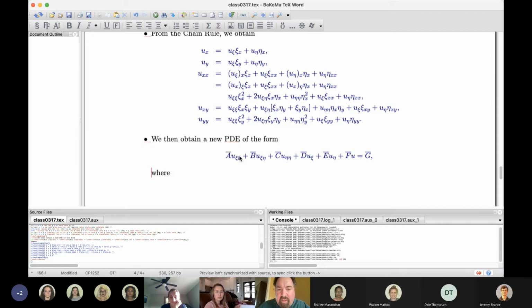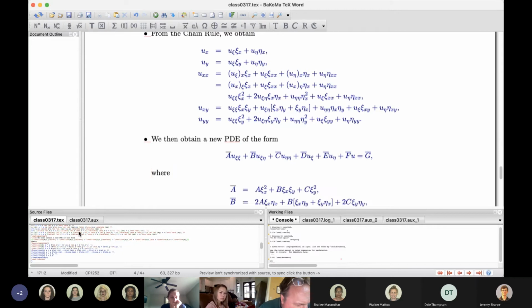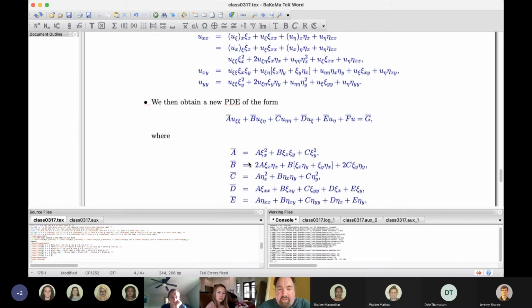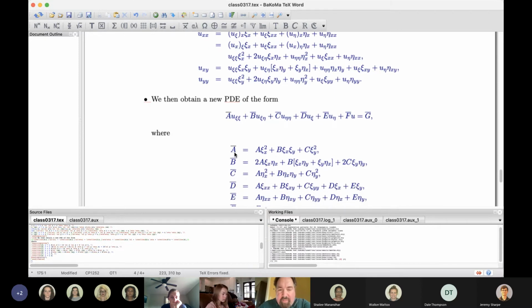So now, in new variables, this is my PDE, where these coefficients come from the original coefficients as follows. So we see that, for instance, the new A bar comes from A, B, and C, the original PDE, and it involves partial derivatives of ξ with respect to x or y.